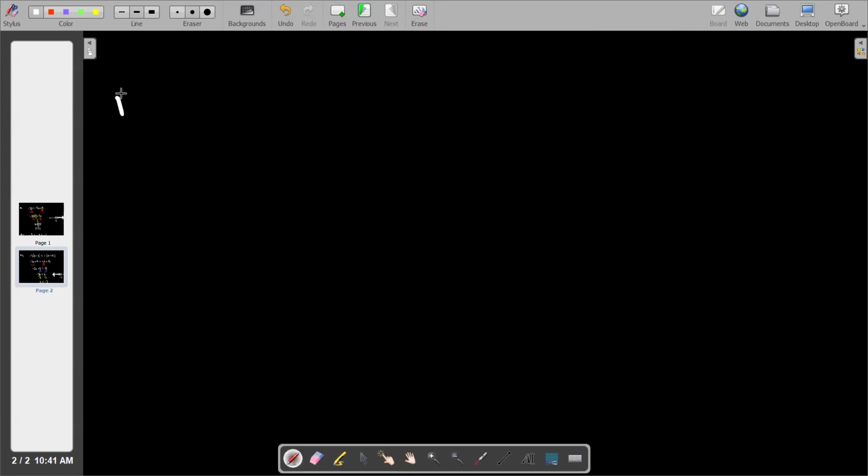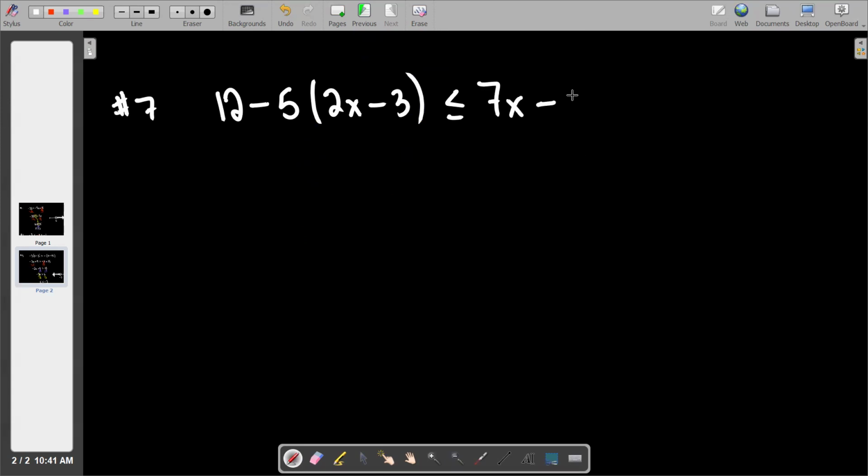So this is question number 7. 12 minus 5 times the quantity of 2x minus 3, close quantity, is less than or equal to 7x minus the quantity 9x minus 8, close quantity, minus 9.